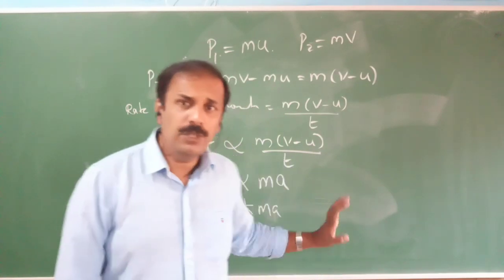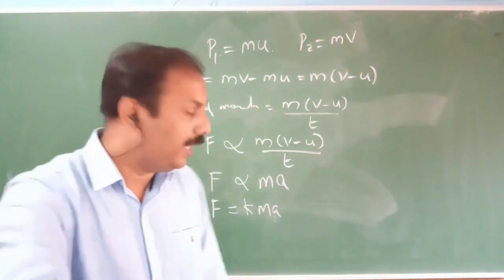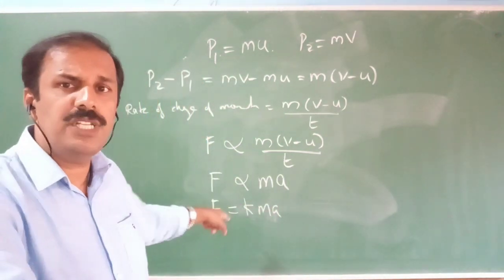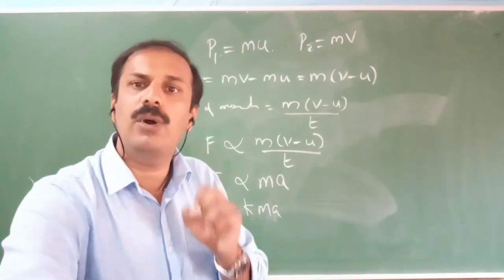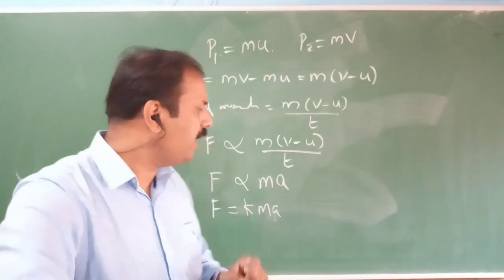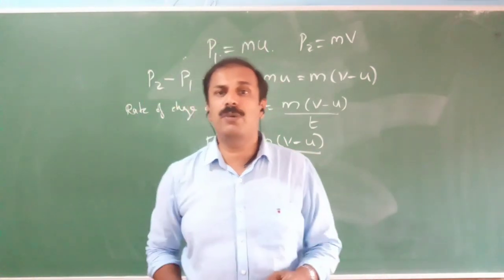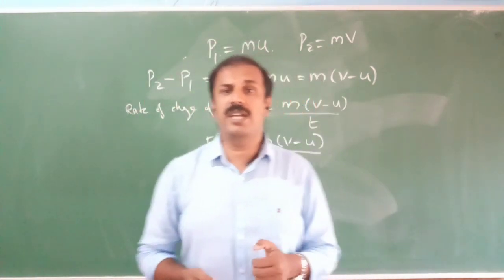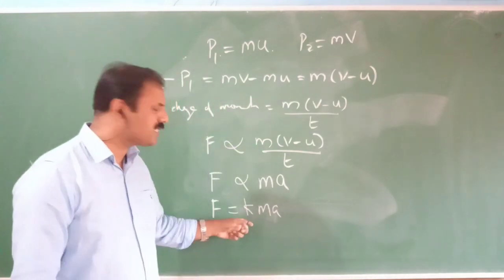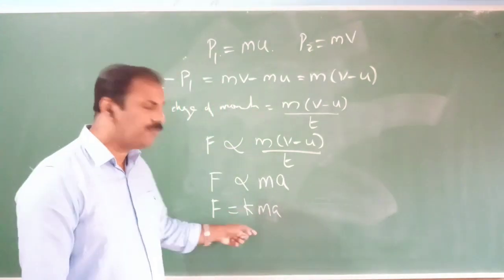Now we don't know the value of k, but up to this calculation, we have not defined the SI unit of force. Here we are going to discuss how this SI unit of force comes.